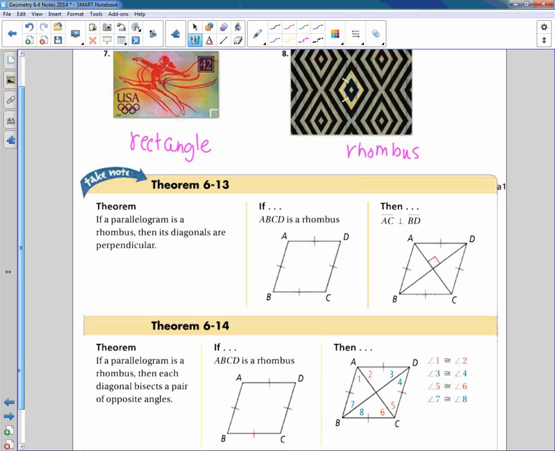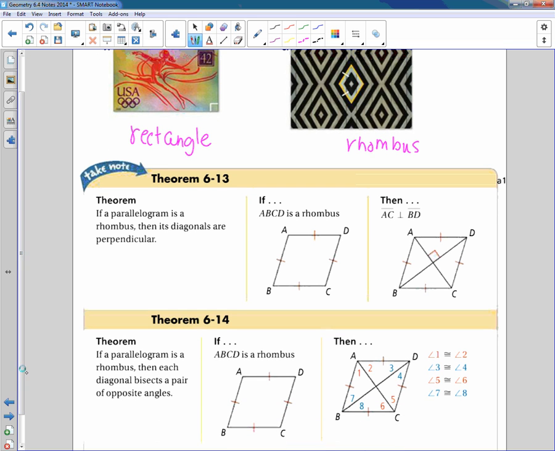Okay. The next two theorems that we need to talk about have to do with the diagonals. If parallelogram ABCD is a rhombus, then the diagonals form 90-degree angles, such as this. Do you notice that AC is perpendicular to BD?